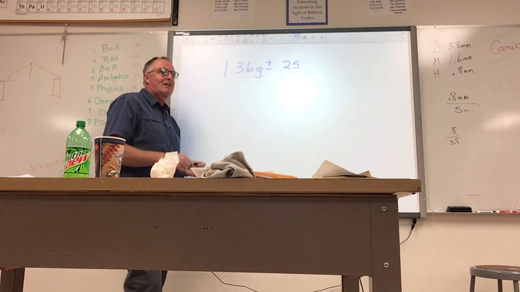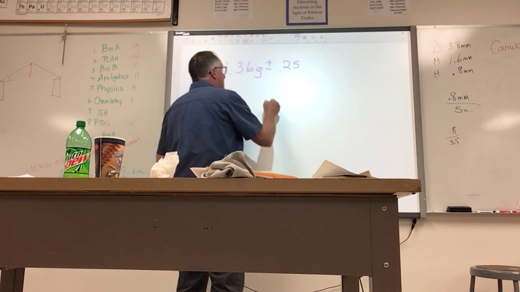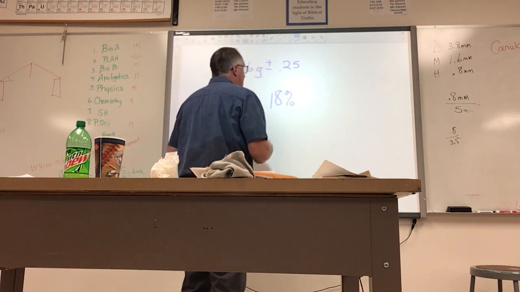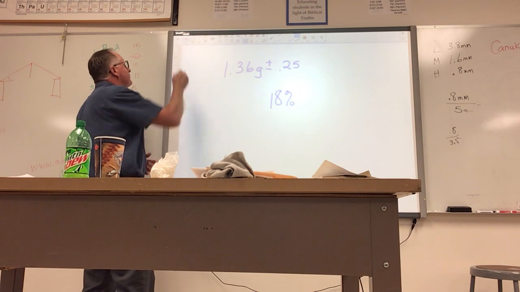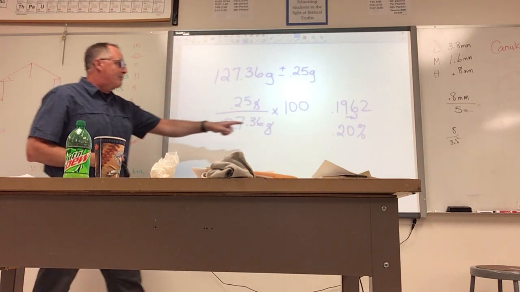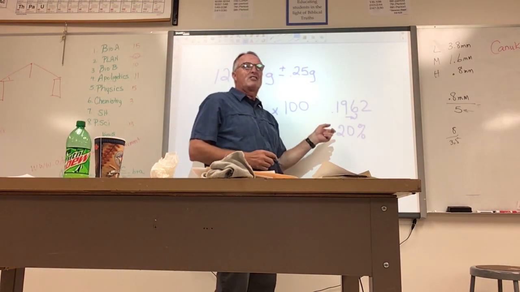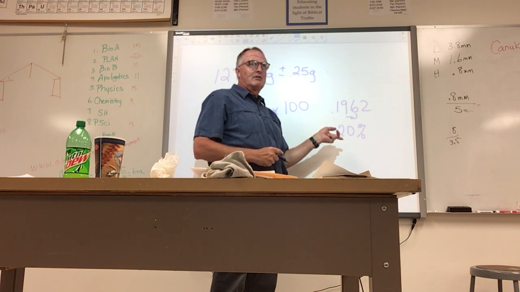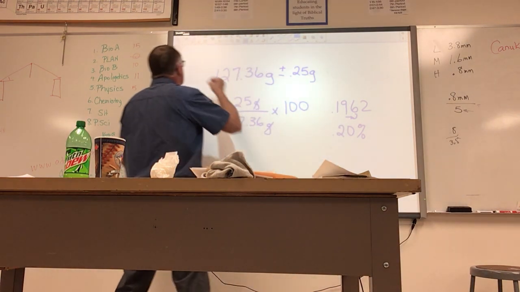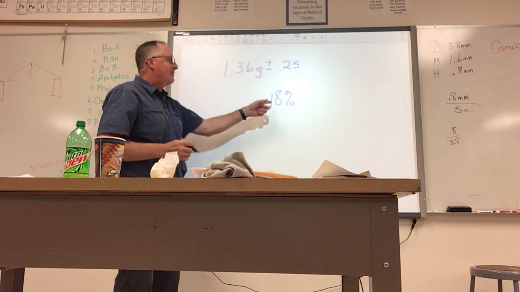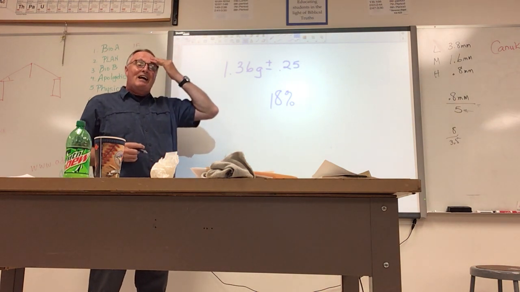It's about like 18%. Okay, so now it's the same balance, and before, I'm pretty happy with 0.2% error. That's not bad. I'm still using the same balance, now it's giving me 18%. That's not good at all.